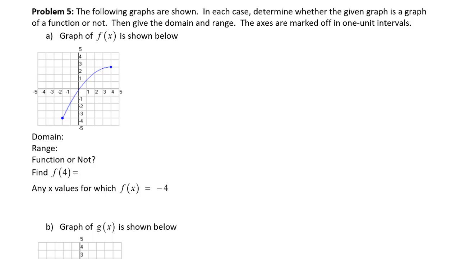If we have a graph of f of x, we need to figure out how it's going to represent the inputs. Now, just like before, we need to figure out where the x values exist. If I look along the x-axis, there is graph. If I were to, say, shine a light bulb here, it would shine down onto the x-axis between 0 and 4.